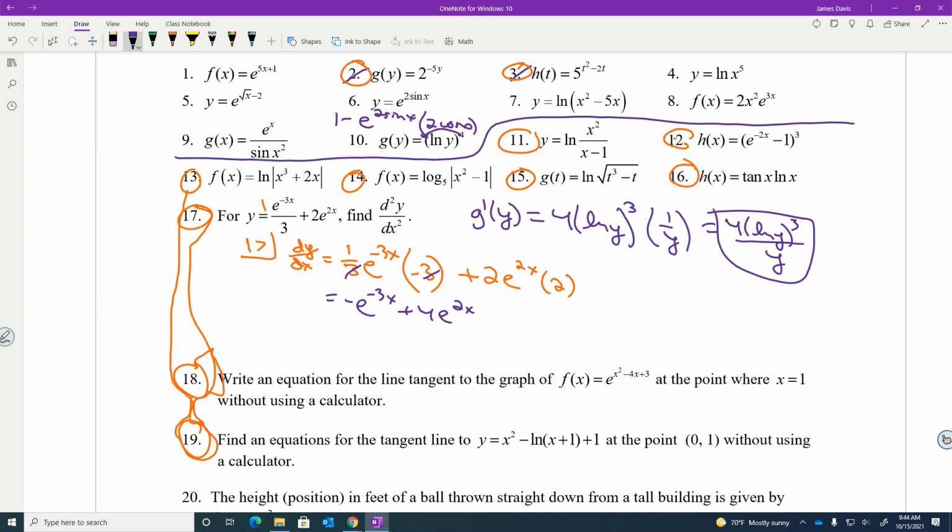Simplify it. And then d squared y/dx squared is negative e to the negative 3x times negative 3 plus 4e to the 2x times 2.